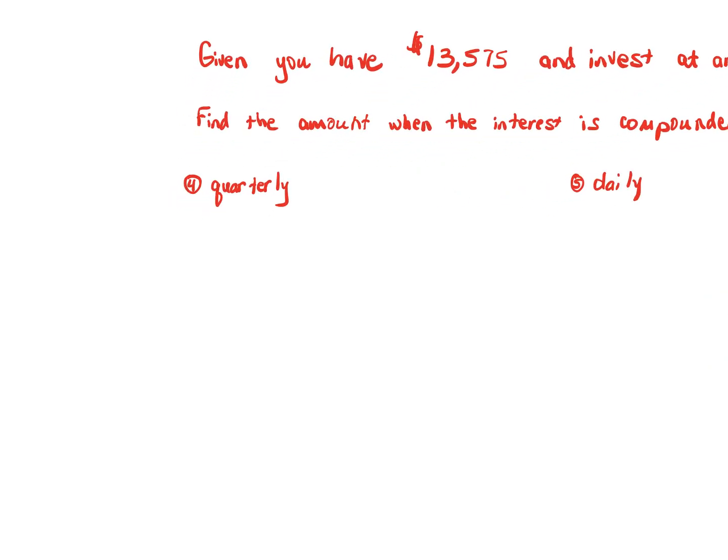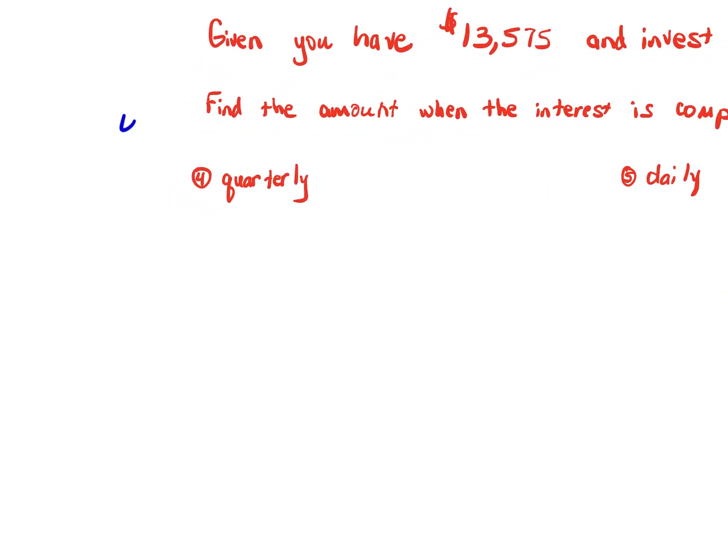So with number 4, this is kind of 4.1. If it's compounded anything other than continuously, we use our formula P times 1 plus R over N to the power of N times T. So P, R, and T are the same thing that we just had in the last question.